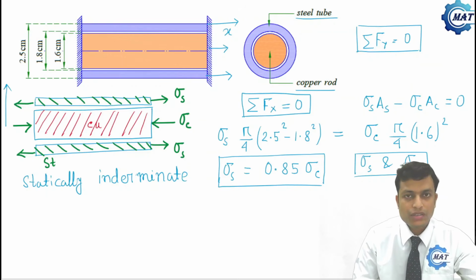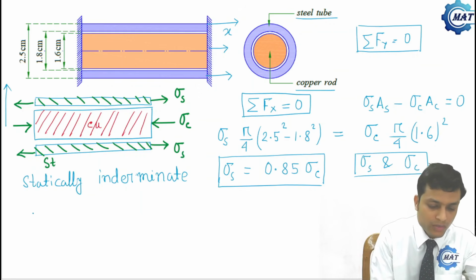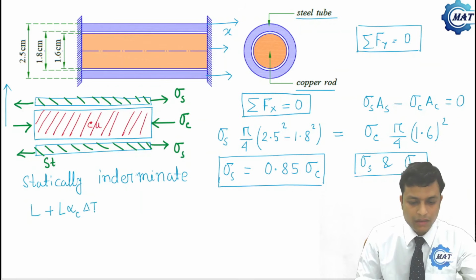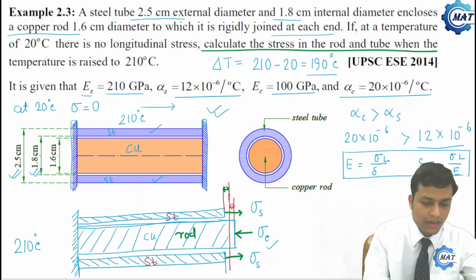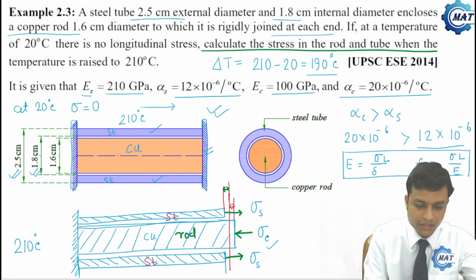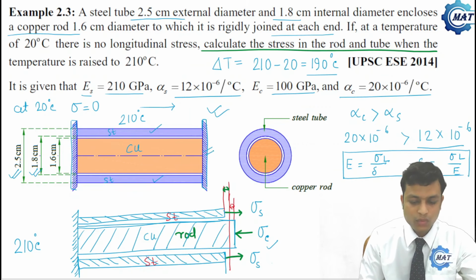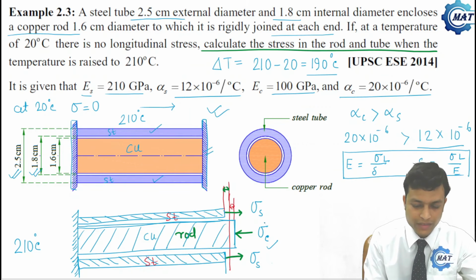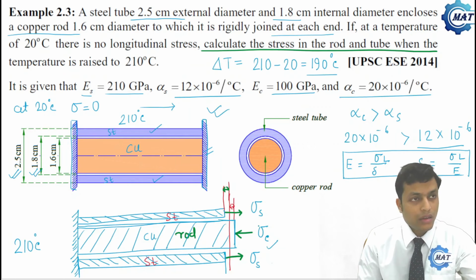Now let me establish the boundary condition. The initial length of both the copper rod and the steel tube was L. Now at elevated temperature delta T, if we allow the copper rod to expand freely, the length of the copper rod will be L plus L alpha C delta T. But when there are these rigid walls, the rigid wall will provide a compressive stress sigma C to the copper rod.